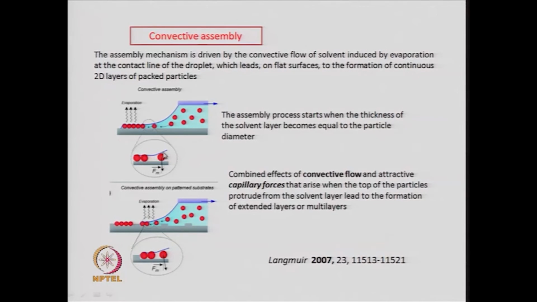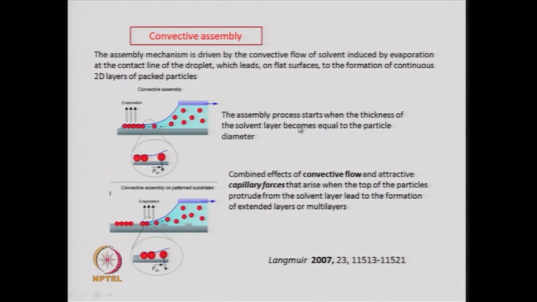Suppose you have a temperature gradient, whenever the solvent with the particles is coming here, the solvent is evaporating. When the solvent is evaporating, the particles are getting aligned on top of the surface, and since the solvent is evaporating, more of the liquid is coming in this direction.